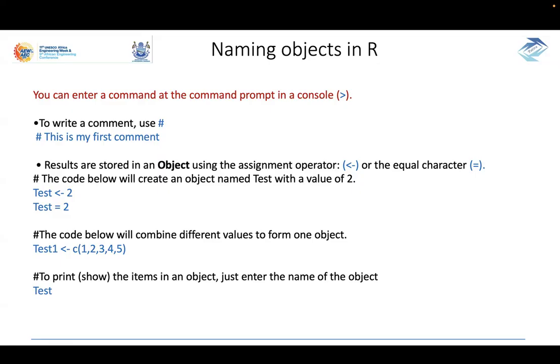Another thing that I would like to show is called an object. So when you're working in R, you have to save your work somewhere. To save your work, you assign it to what's called an object. For example, we'll do that when we open RStudio. You want to put this number 2 in a test.